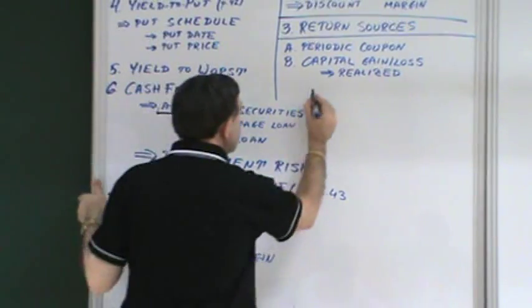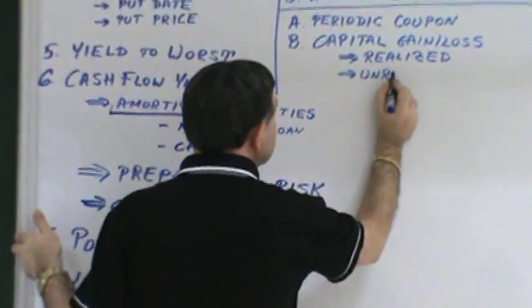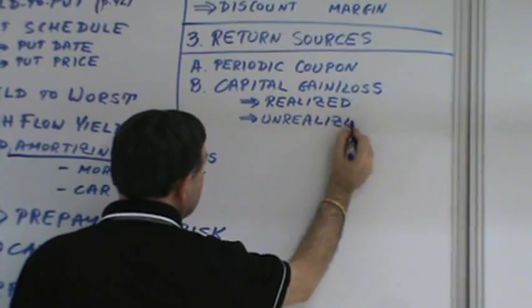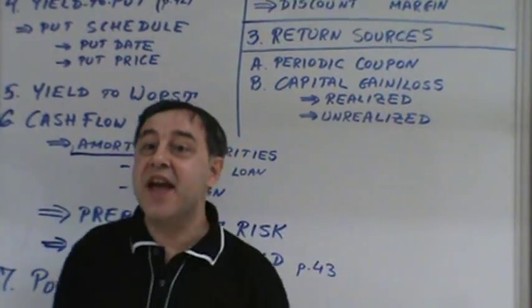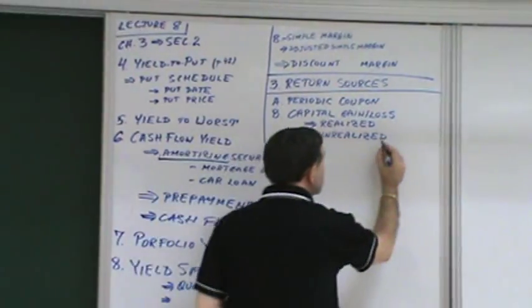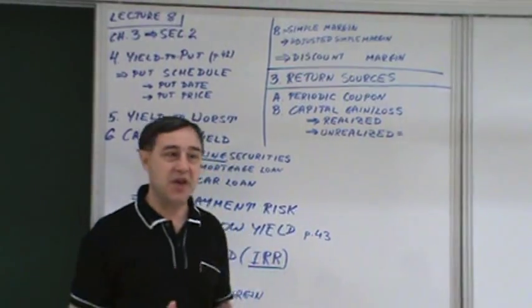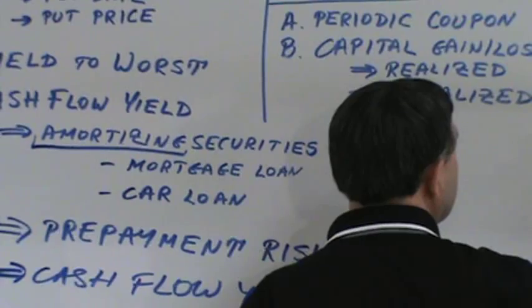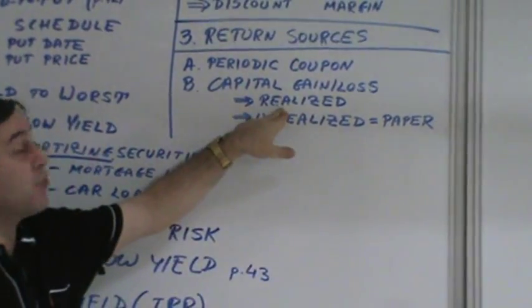But it might be unrealized. Unrealized gain is also called in finance, and you're going to hear this a lot, paper gain. Paper gain is not really a real gain.